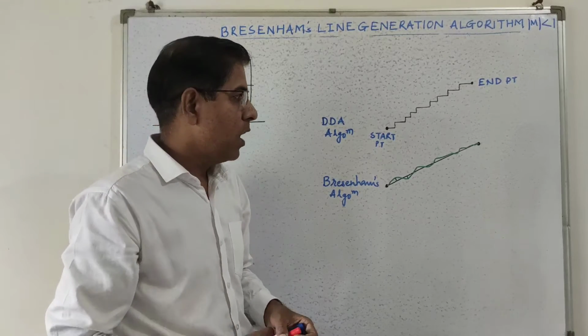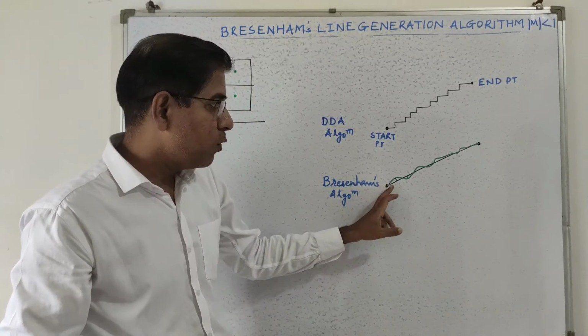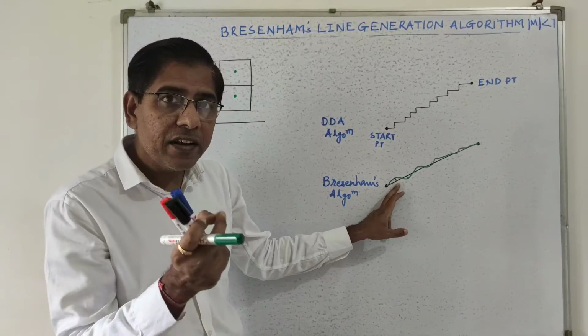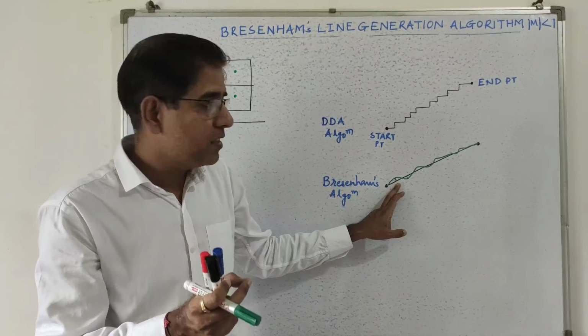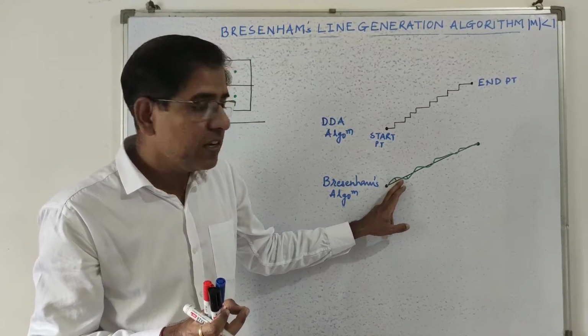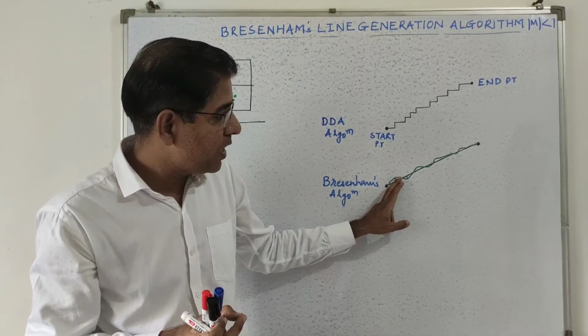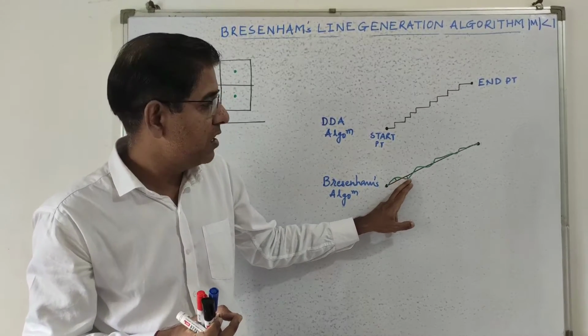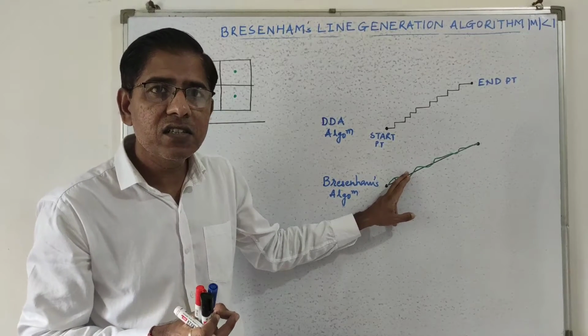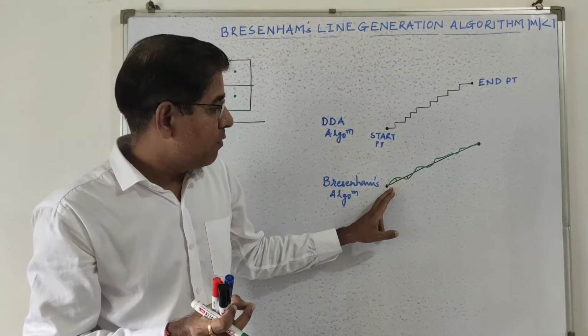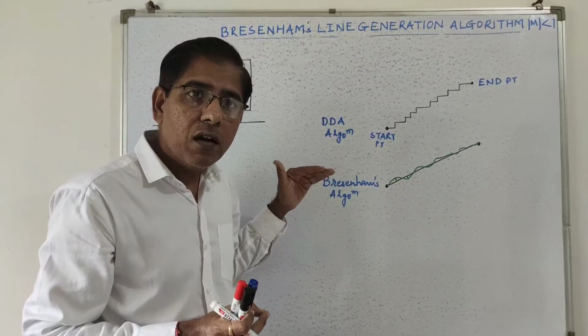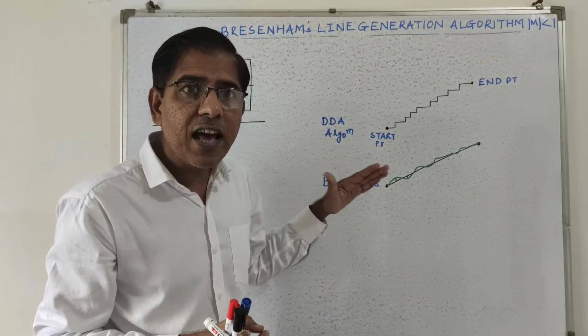Bresenham's algorithm works by taking a real-time decision. When it deviates from a line, it adjusts its direction. So Bresenham's algorithm works on the principle of real-time decision.